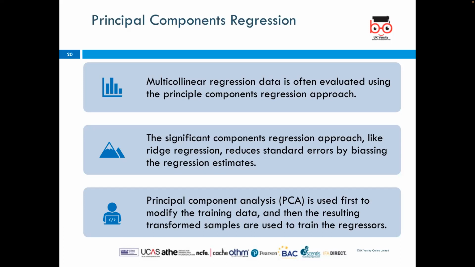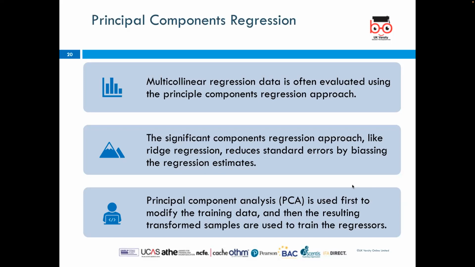Secondly, the principal component regression approach, like ridge regression, reduces standard errors by biasing the regression estimates. Principal component analysis is used first to modify the training data, and then the resulting transformed samples are used to train the regressors.